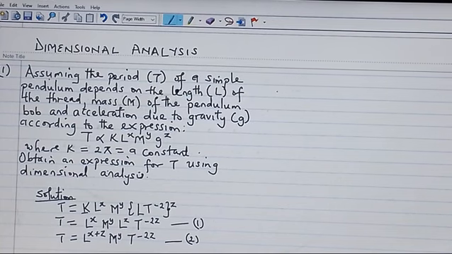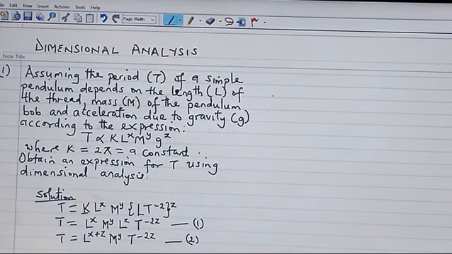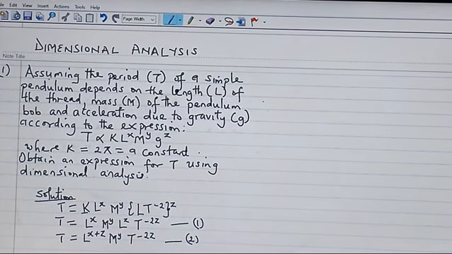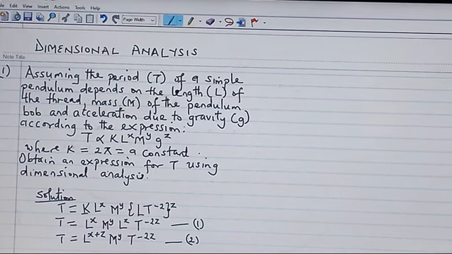Now we have L, M, and T on the right-hand side of equation 2. We have to introduce an imaginary L and M on the left-hand side because we have only T. So we introduce an imaginary L and M in a way that will not distort the equation in equation 2.